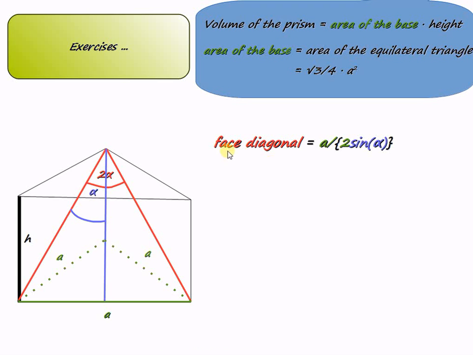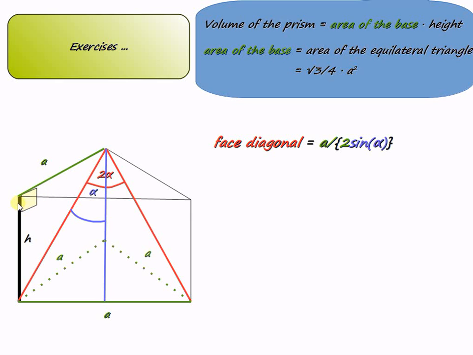So now when we worked out the face diagonal of the prism, expressing it in terms of A and alpha, let's note that the face diagonal divides the face of the prism into two congruent right triangles, and that the hypotenuse of that right triangle is our face diagonal, and the other two legs are equal to h and a respectively, where h is the unknown height of the prism we're trying to calculate, and where a is the length of the edge of the prism.